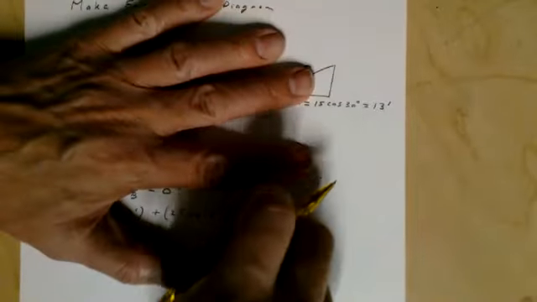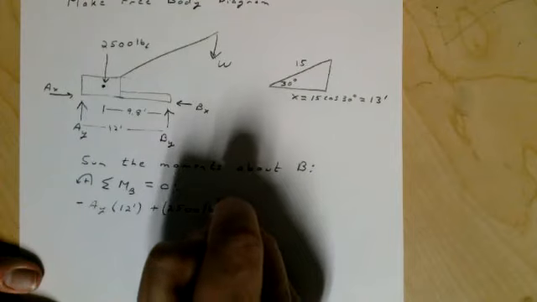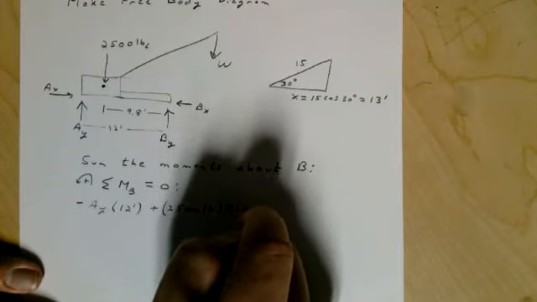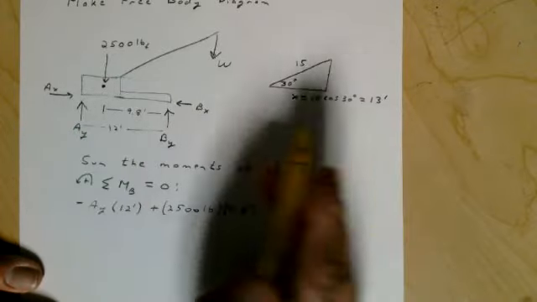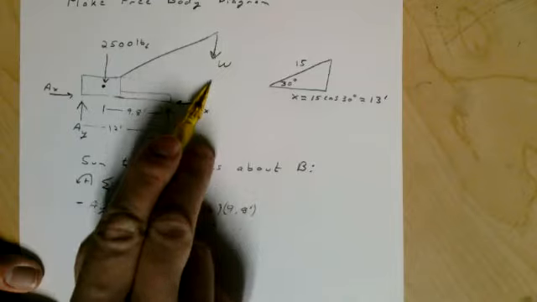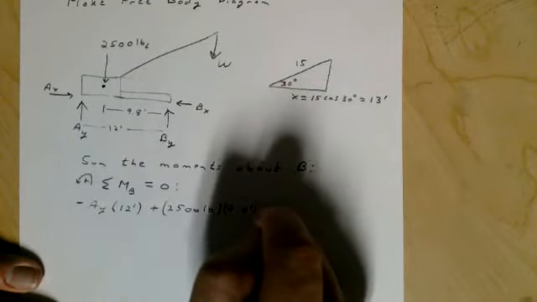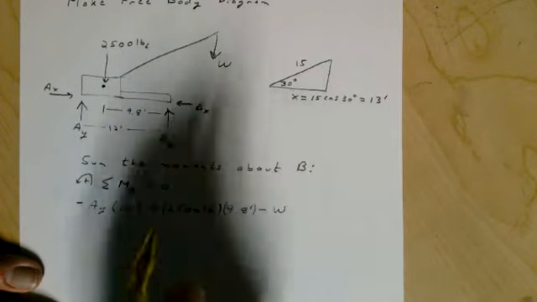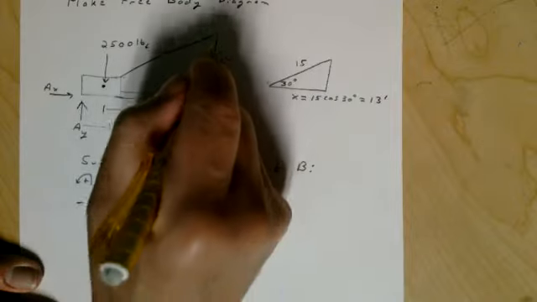Let me fix that a little bit. That's this distance right here. And then we're going to have this weight right here. And once again, it looks like it's going to go clockwise. We'll call that negative. And then we need the distance from B to this weight here.